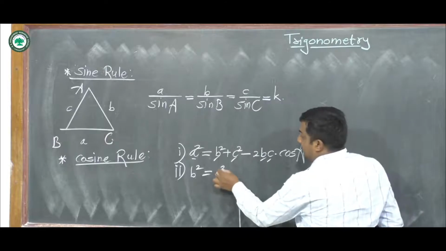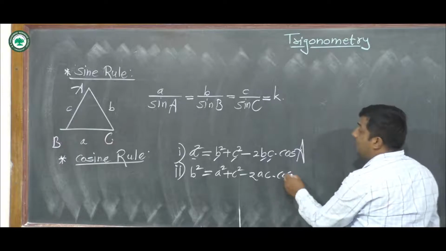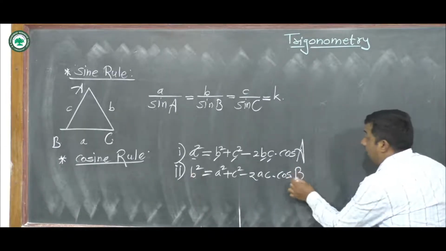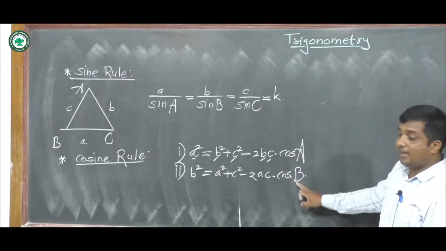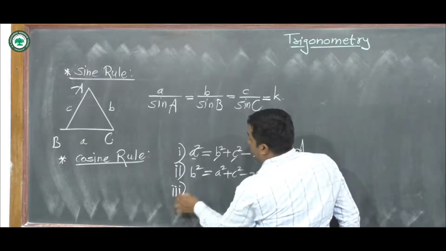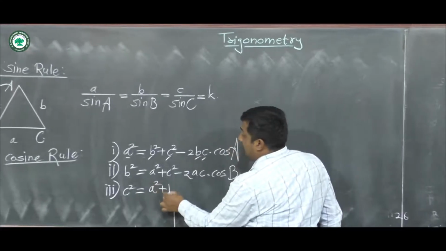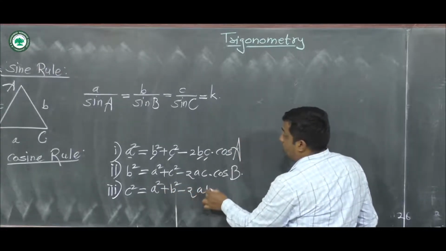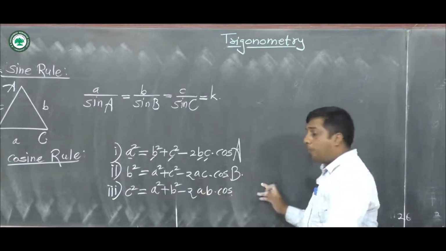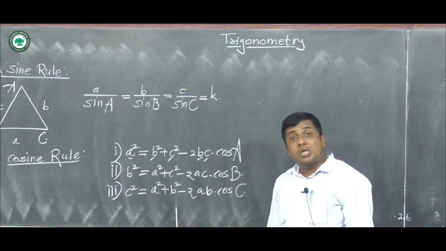That is, here a square plus c square minus twice ac into cos of angle B, if length of the side is b. And in last, in the third, if we consider c square, on opposite side we consider a square plus b square minus twice ab into cos of angle C, if c is given. So these three are for cosine rule.